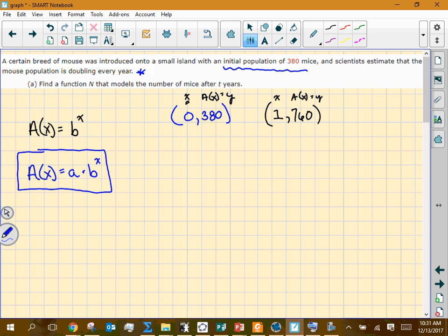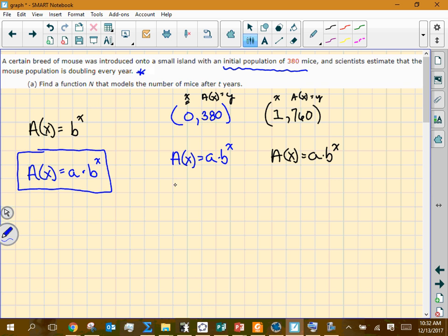Now, coming down to the formula, what we're going to do is use a system of equations. We're going to go a of x is equal to a times b raised to the x, using this ordered pair, and then we'll do the same thing using the other ordered pair. So a times b to the x, and fill in the parts that we know.